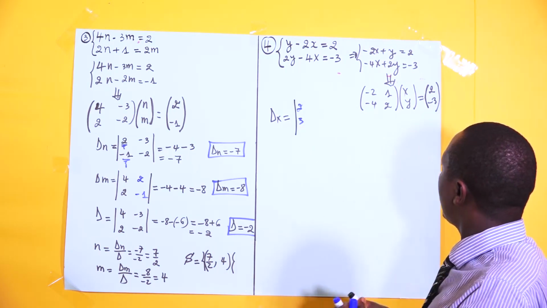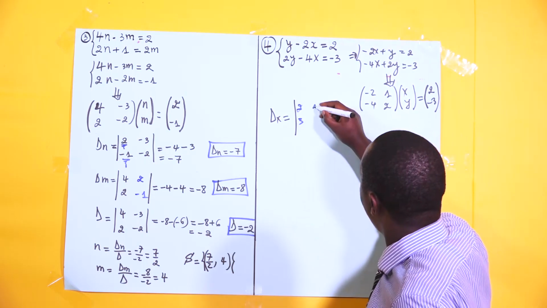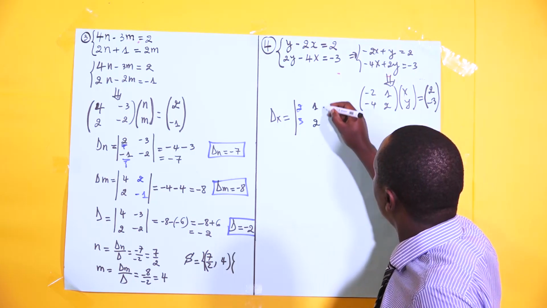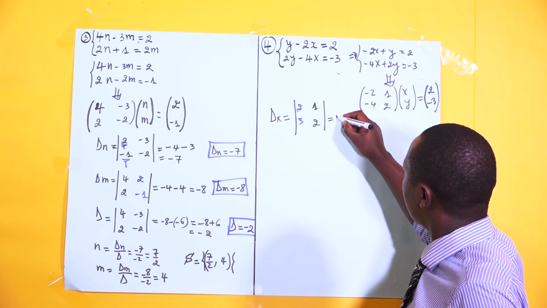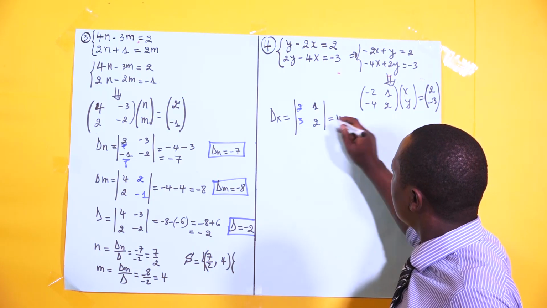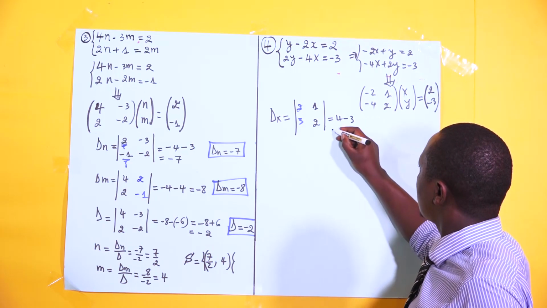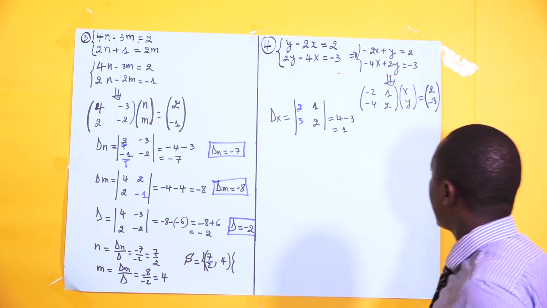Then we use the ones of y, which are 1 and 2. Multiplication of these numbers gives us how much? It gives us 4. Then we substitute minus 3. So the answer here is 1. The determinant of x equals 1, right?